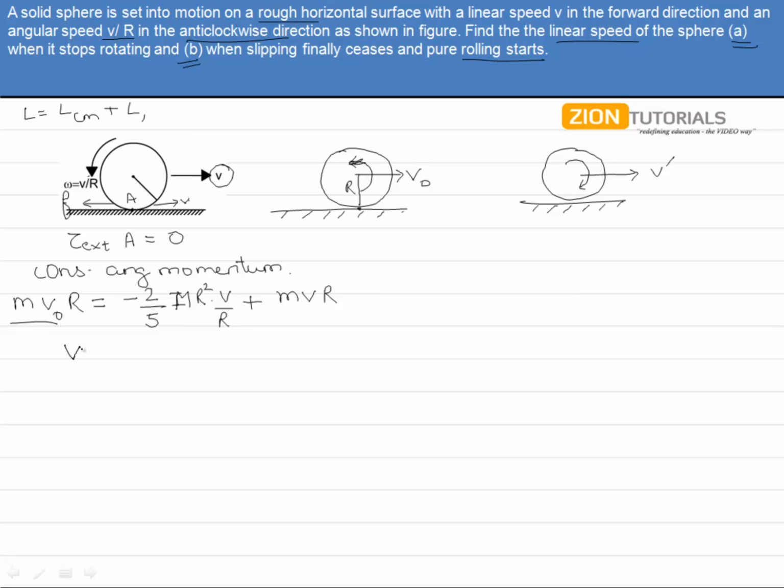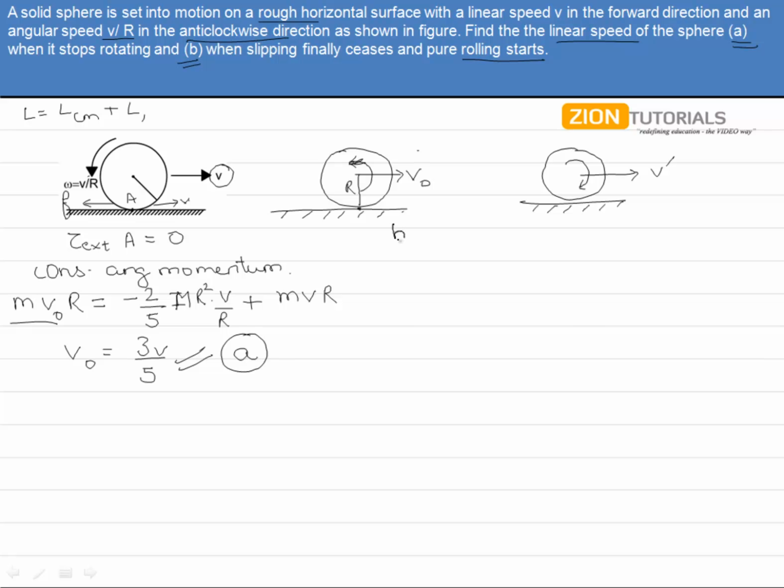From this we get v naught equals 3v by 5. So this is the velocity with which it will actually be moving once it stops rotating. So this is the answer for the A part of this question.